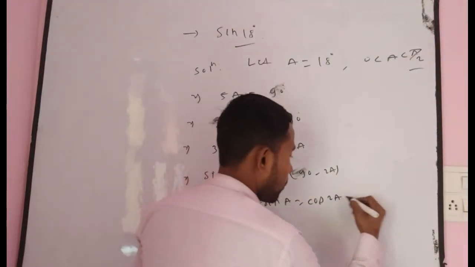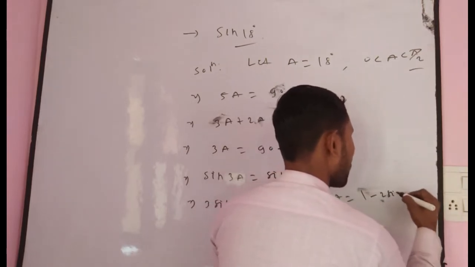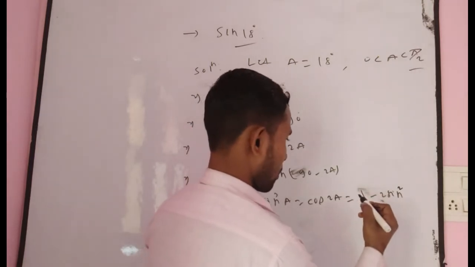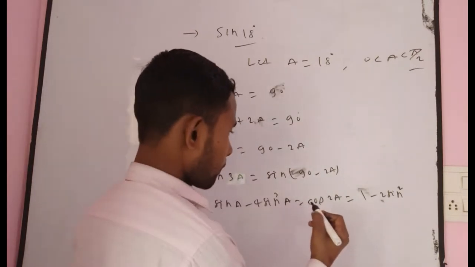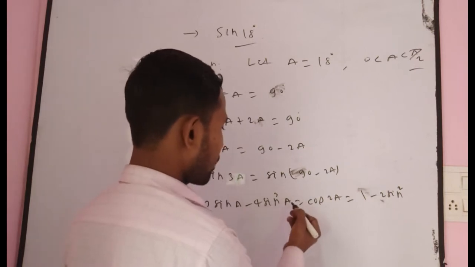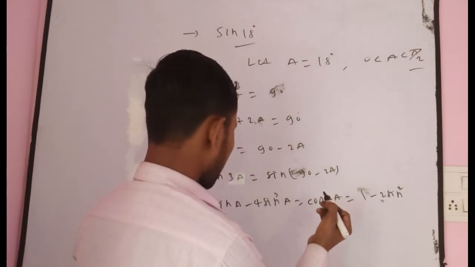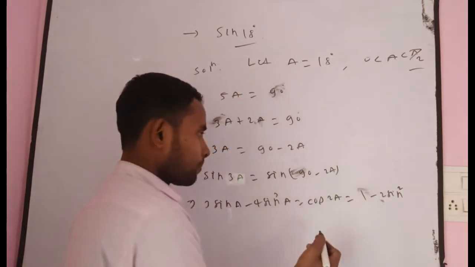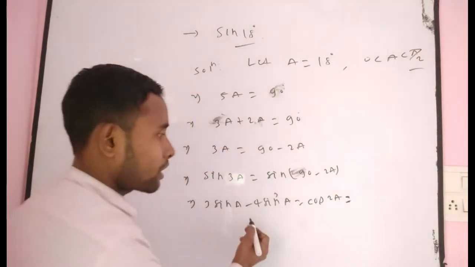Cos 2A is also equal to 1 minus 2 sin square A. Can you write it? So 3 sin A minus 4 sin cube A is equal to cos 2A.